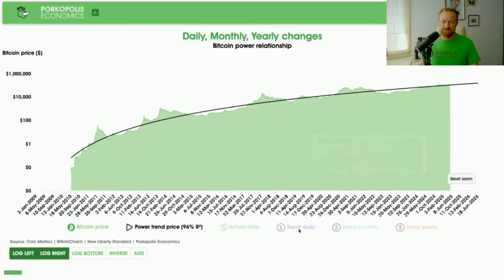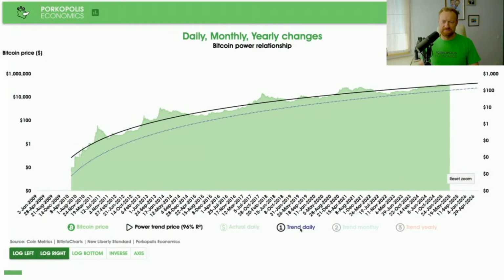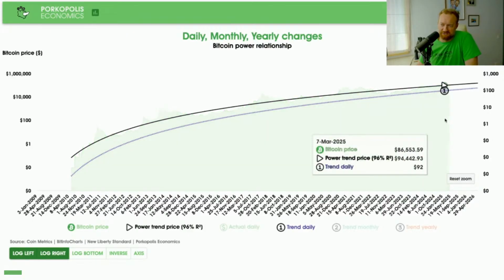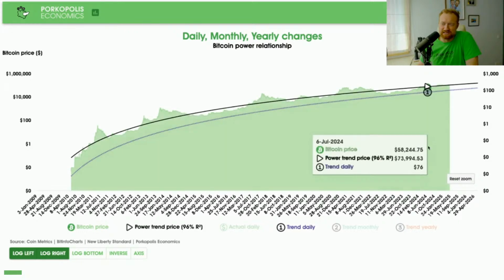So again, just what you see here in this purplish dotted line is the daily change in the black line, which is the trend. So it gives us a smooth sort of understanding of what Bitcoin does. And as always, when we talk about this trend line, what I see in this trend line is adoption.